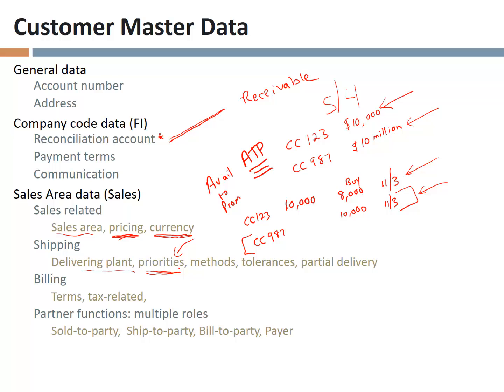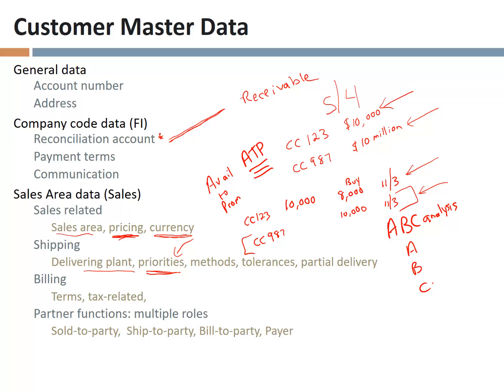So the sales area data portion of the customer master is going to equip us with information that we could use to prioritize customers. This used to be done in the context of what was pretty crude, what's called ABC analysis. ABC analysis basically calls for us to rank customers in terms of category A, category B, and category C, and then you prioritize accordingly.